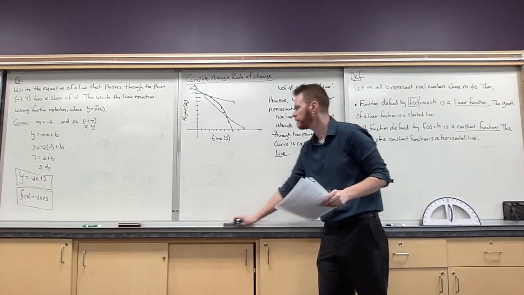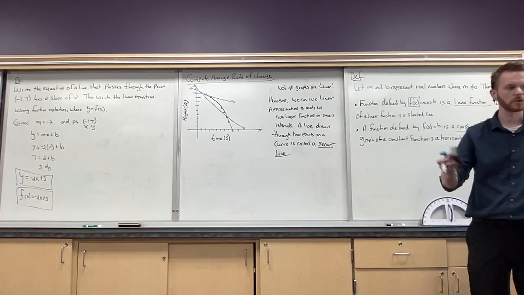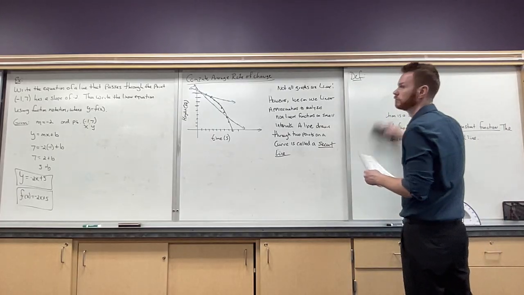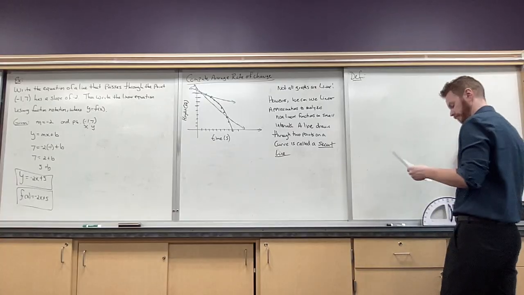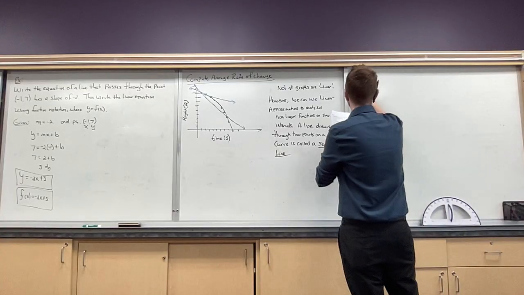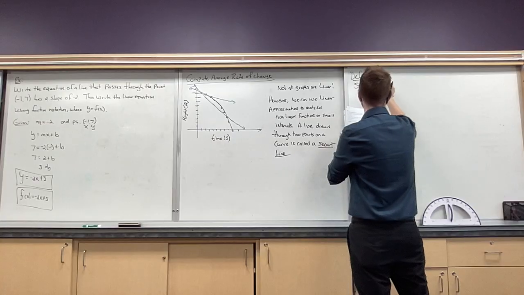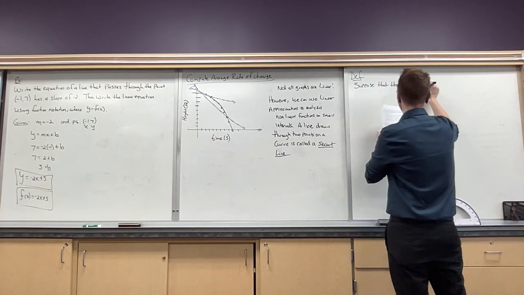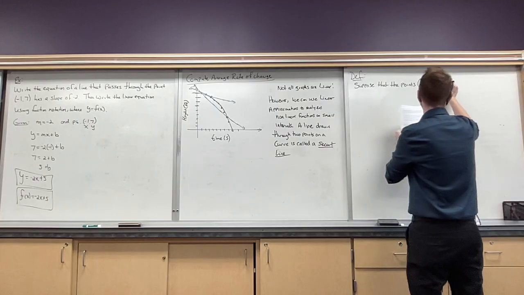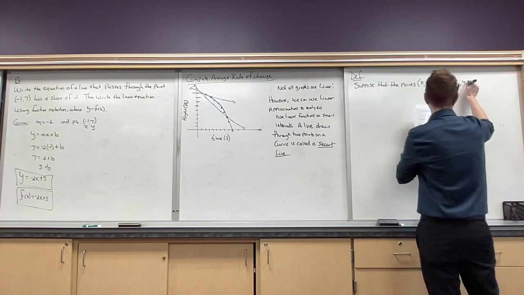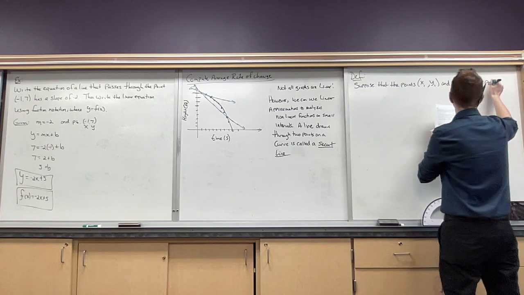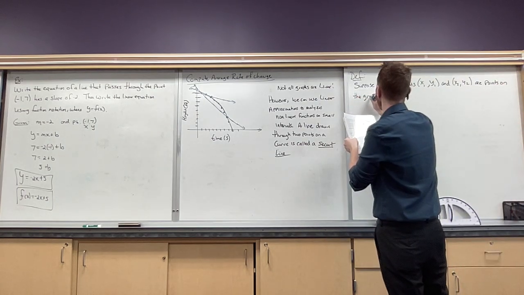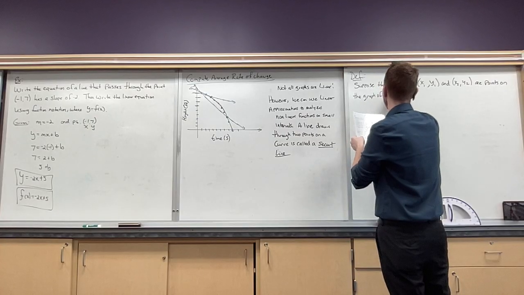All right, now that we have a visual and a little bit of the idea of what we're doing, let's put it to a definition here. Suppose that the points x1, y1 and x2, y2 are points on the graph of a function f.